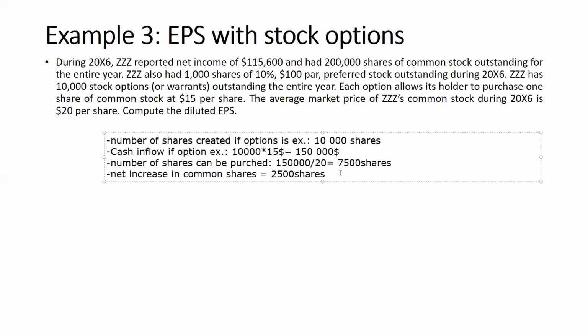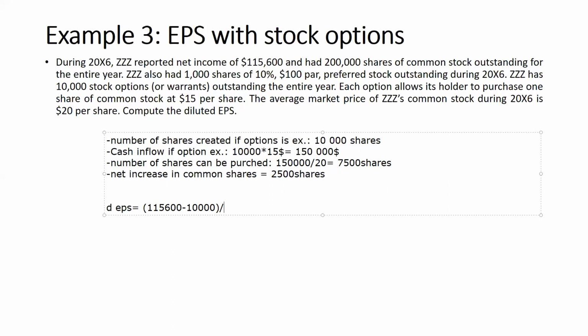Now it is time to calculate the diluted EPS. So diluted EPS is equal to net income, which is 115,600 minus 10,000 preferred stock dividend, and this all in brackets, of course. We need to divide it by the number of shares.